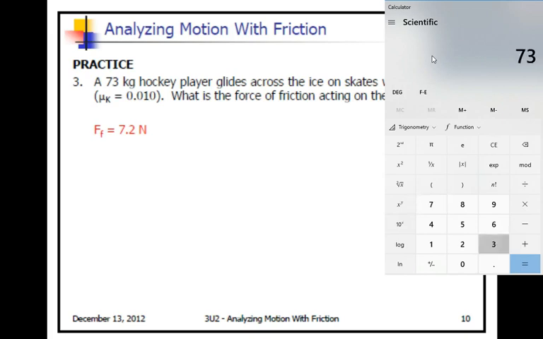So 73 times 9.8 is the Fg, which is equal to their Fn in this case. So we multiply that by 0.010, and we have 7.154. And we have to round to two significant digits, so we get 7.2.